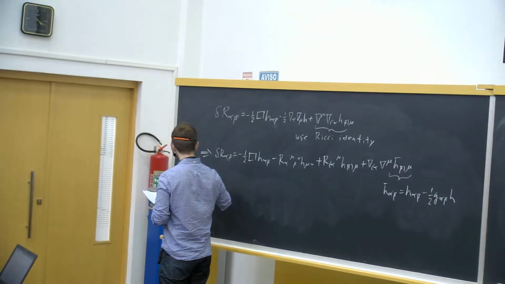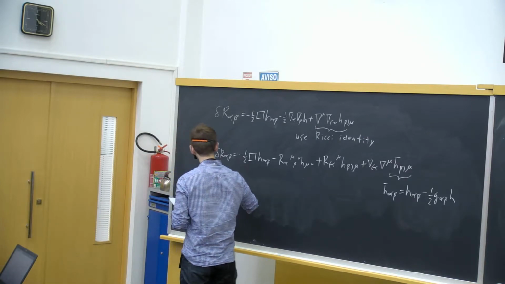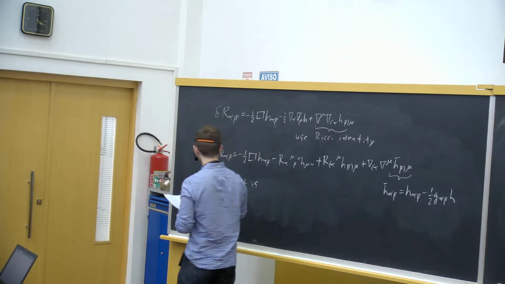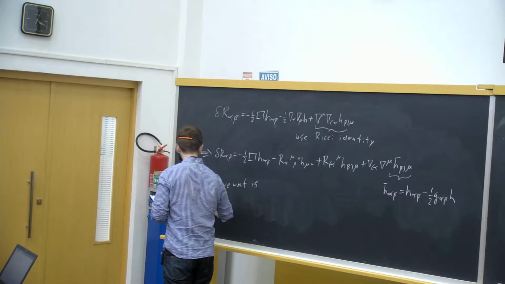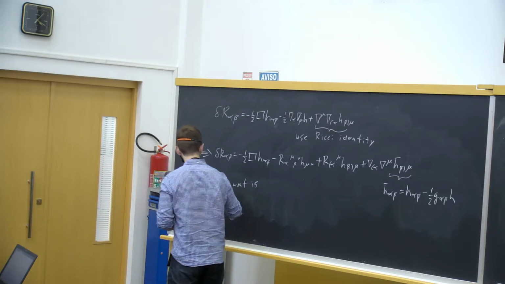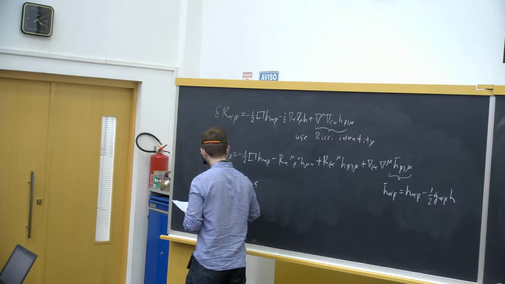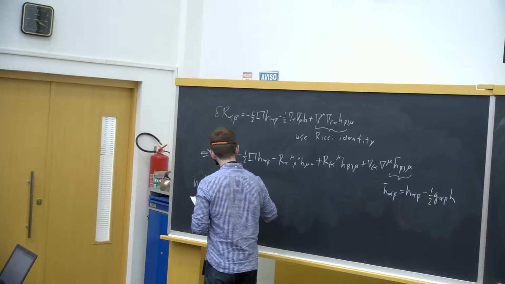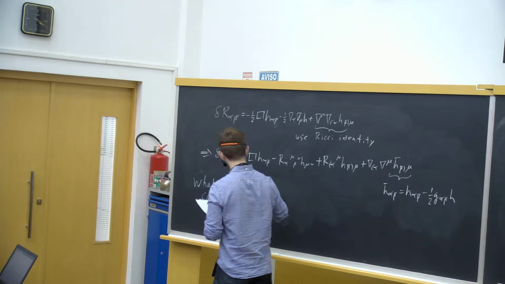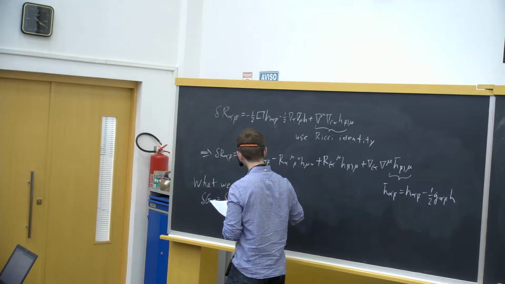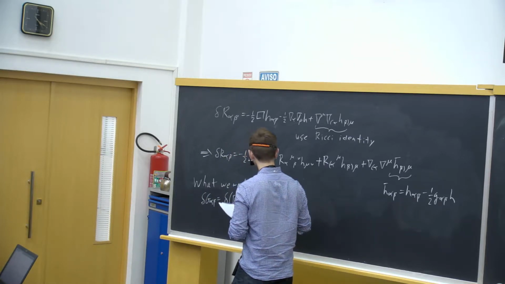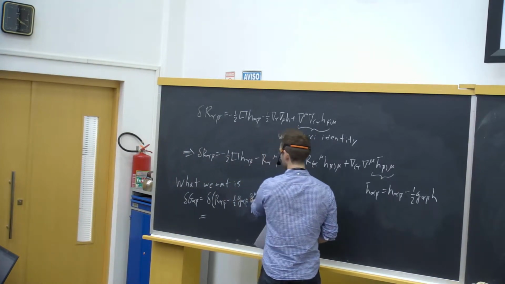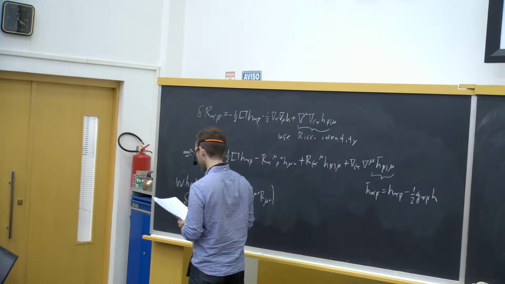So for the Einstein equation, what we want is not the Ricci tensor, but the Einstein tensor. So let's write the variation of the Einstein tensor. That's the variation of R alpha beta minus 1/2 g alpha beta g mu nu R mu nu. When you write this out, you have to be careful to take the variations of the g's in addition to the variations of the R's.